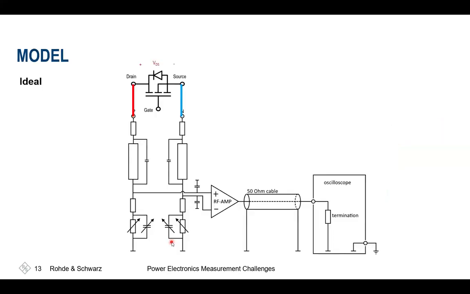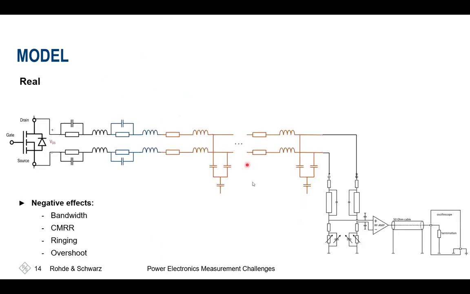If we now look at our high voltage differential probe, at the end, we'll have our oscilloscope, which is connected by a 50 ohm cable typically to the differential amplifier. This differential amplifier then has its divider network front connected to your DUT. And that's a very low frequency view. As we've just learned, we'll have to extend that a little bit by the cable, the pincers, and as well the package itself.